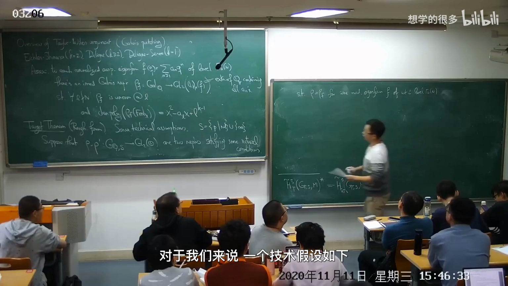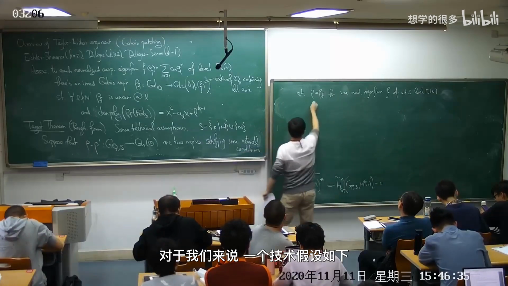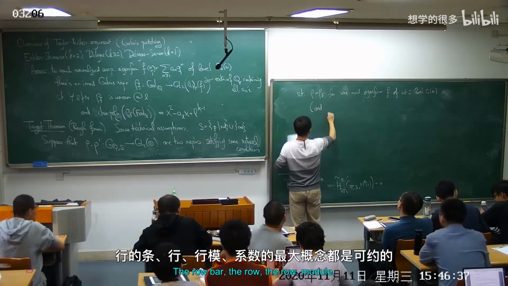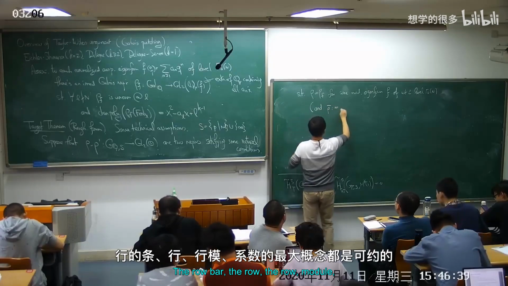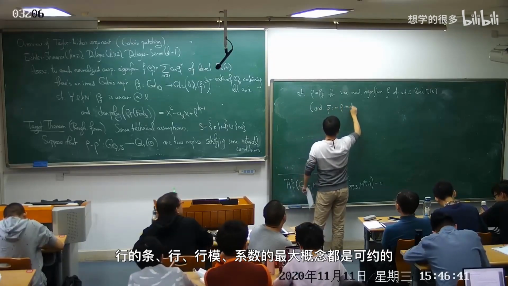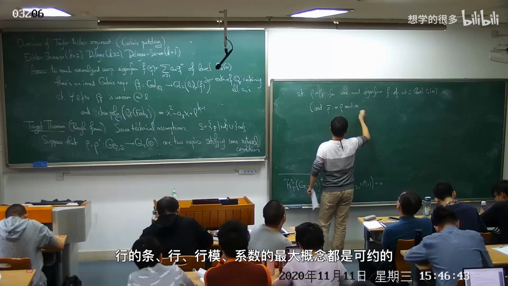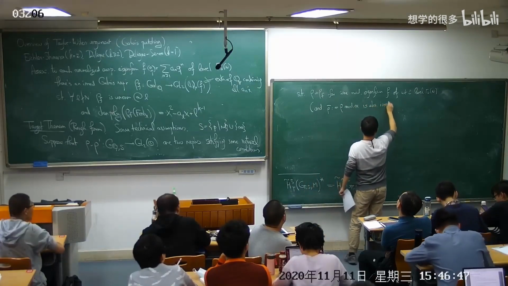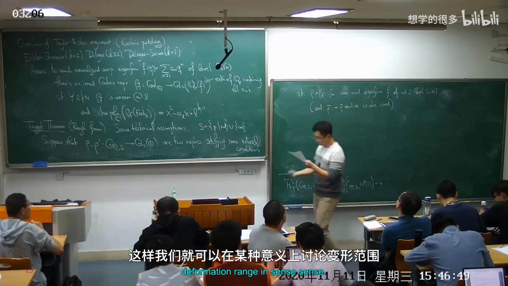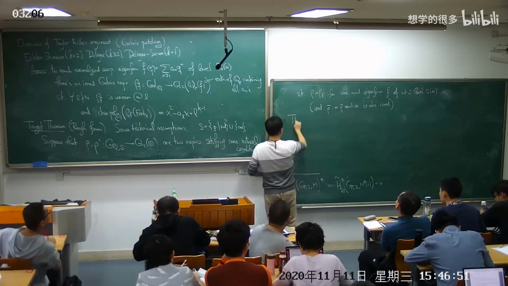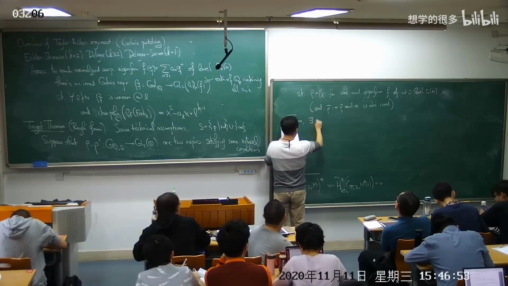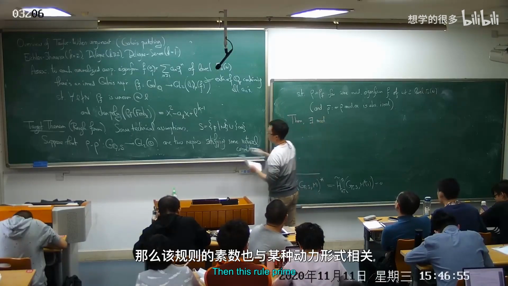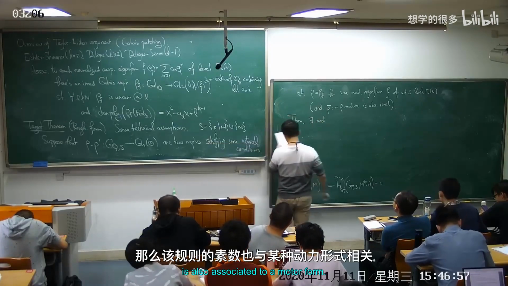And for us, one of the technical assumptions is the following: that rho bar, being rho modulo the maximal ideal of the coefficients, is absolutely irreducible, so that we can talk about deformation rings in some sense. Then this rho prime is also associated to a modular form.